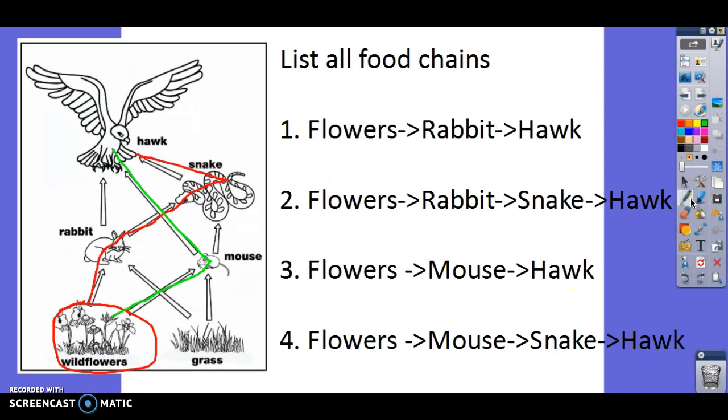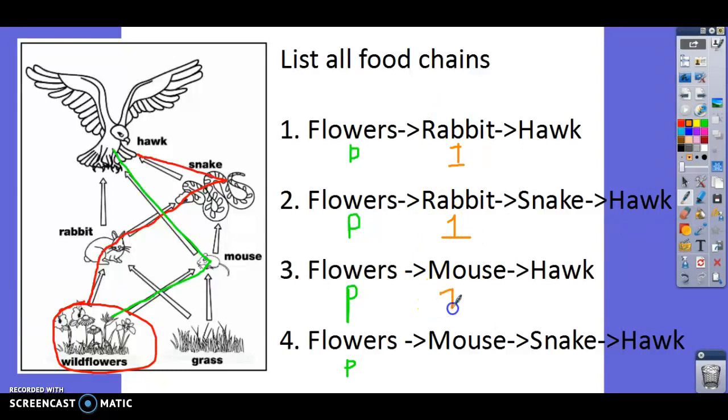Okay, so the first thing we're going to do is label the producers on our food chains. Producers make their own food. So which ones are producers on here? The flowers, right? So I'm going to label these with a P for producer. Now we have to find the primary consumers, the things that eat the producers. In this example, the primary consumer, which I'm just going to label with a 1, or you could do PC for primary consumer, is the rabbit.